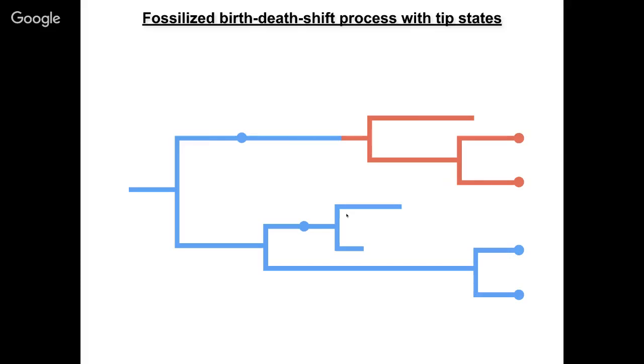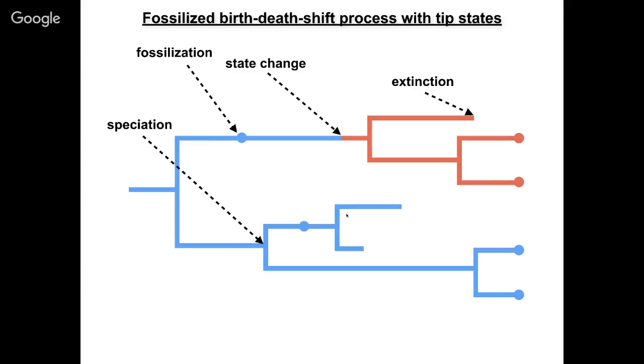And then we have also rate shift events or state change events, and we have observed character states, both for the tip states, for the extant ones, and for the extinct species that we have.